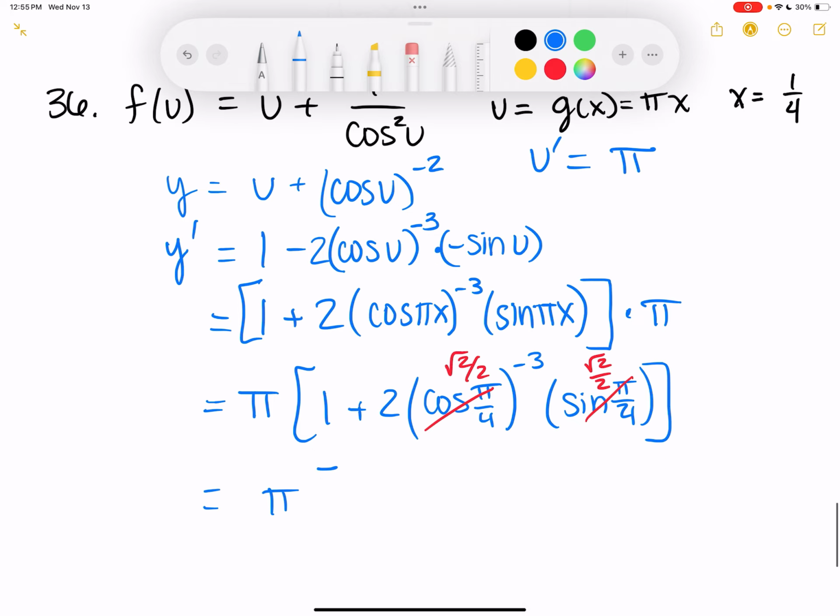So pi times 1 plus 2 times 1 over the square root of, no, I'm going to do it this way. Hold on. I'm just going to flip it to make it 2 over root 2 and then cube it because that looks prettier. Times this, not sine, root 2 over 2.